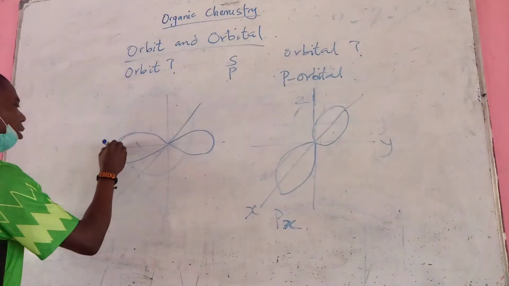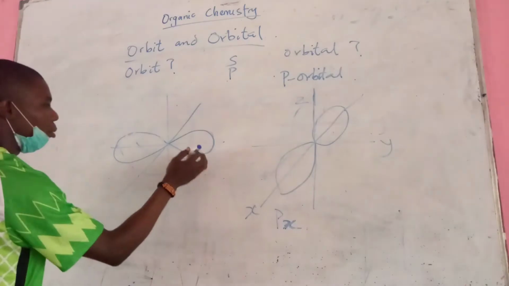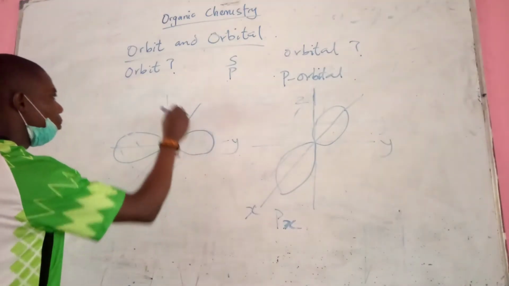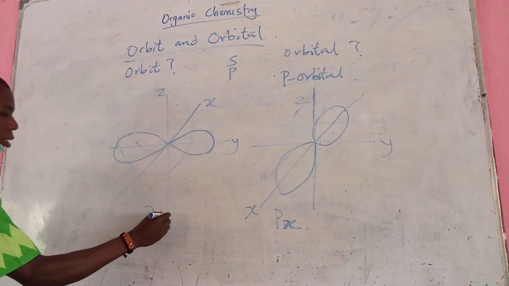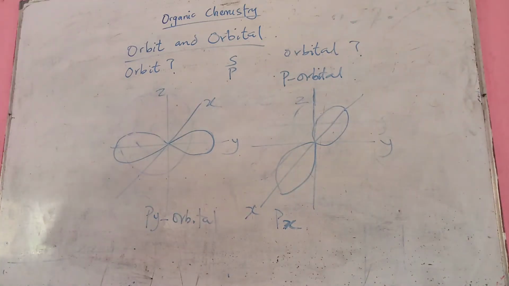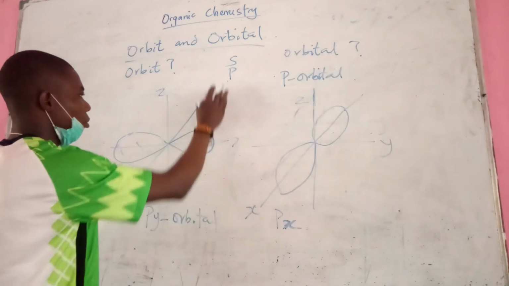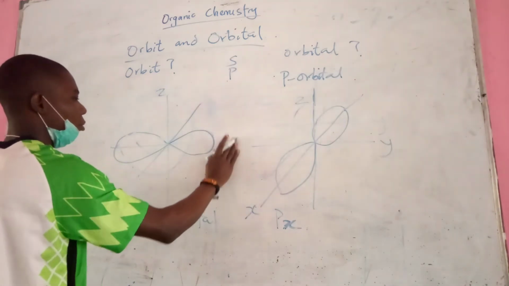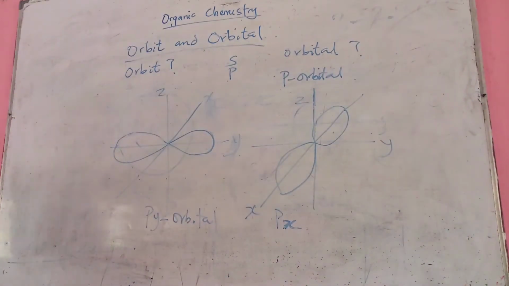It's like a bell ring. You can call it lobes. This is one lobe, this is another lobe. So this is a py orbital.